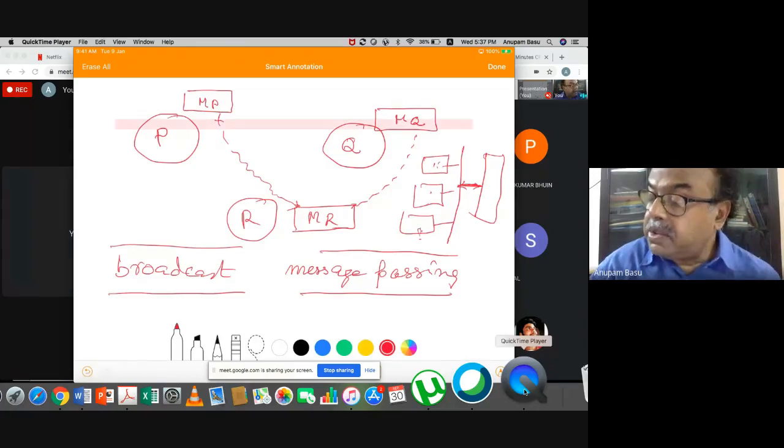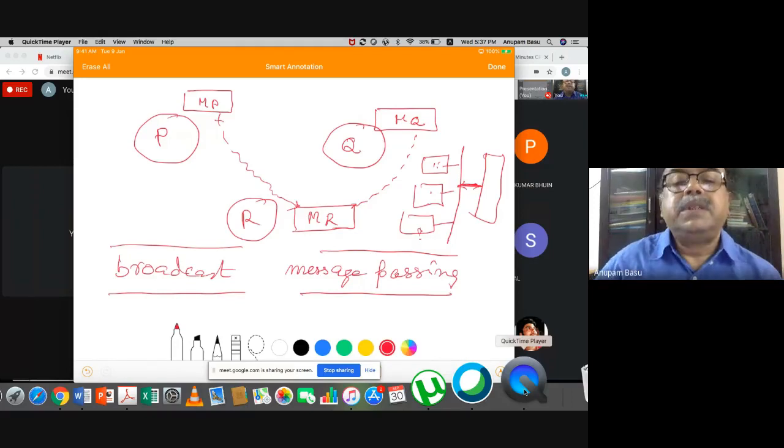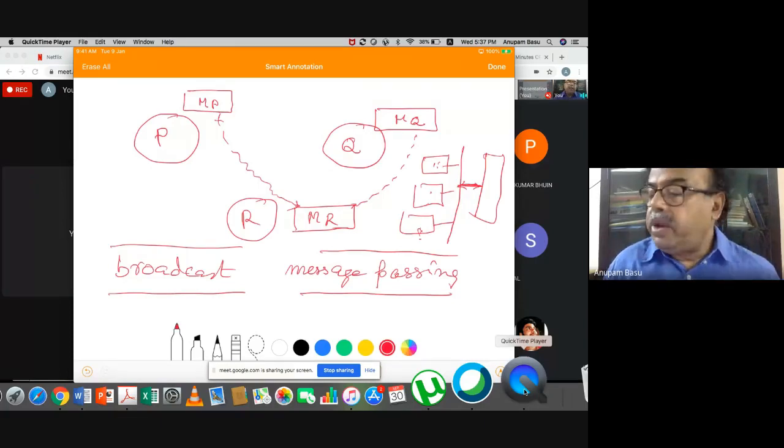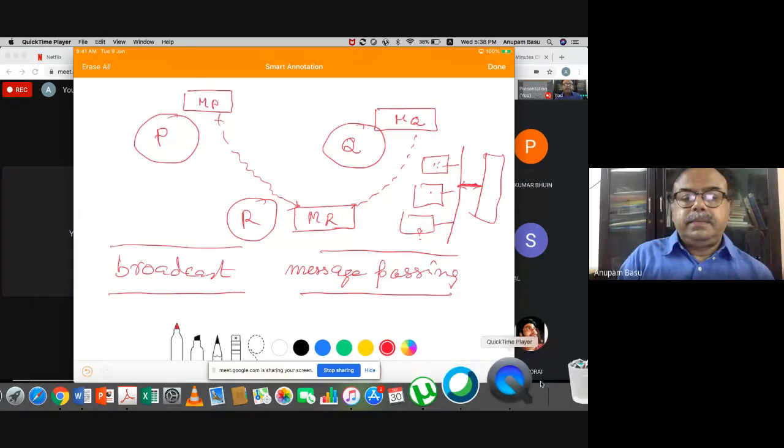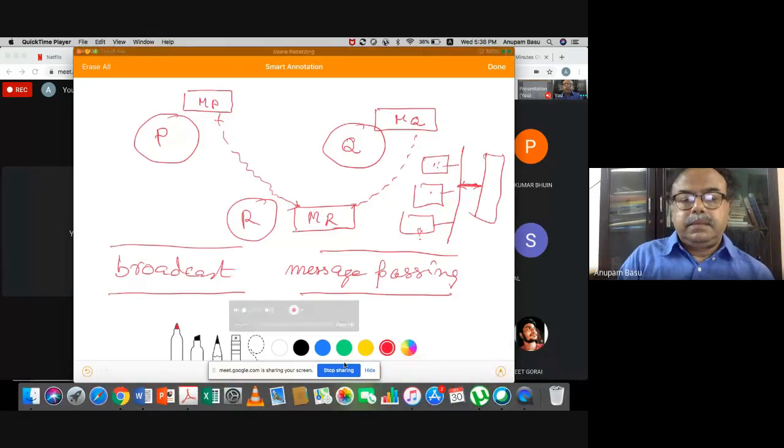This is a tightly coupled system and this is a loosely coupled system. So in a multiprocessor environment, it can be either way, but typically when we talk of multiprocessor systems, we are talking of tightly coupled system, each being connected to a shared memory. Okay? Is it okay, Prashun? Yes, sir.